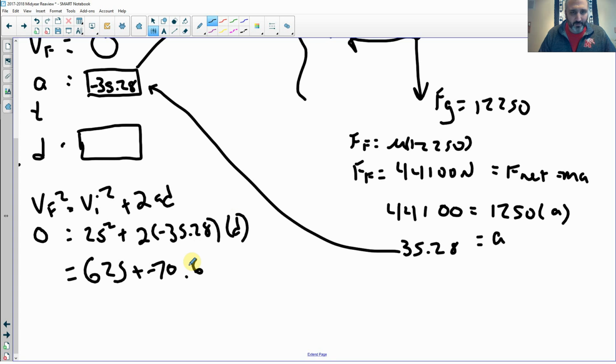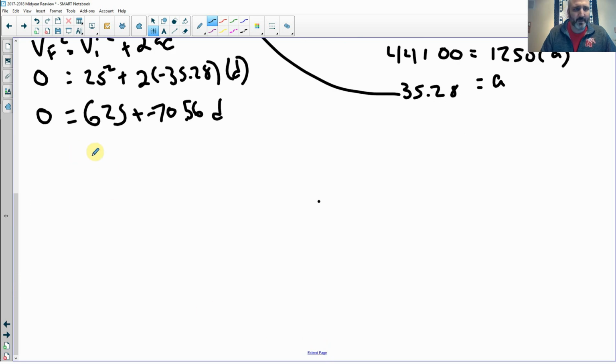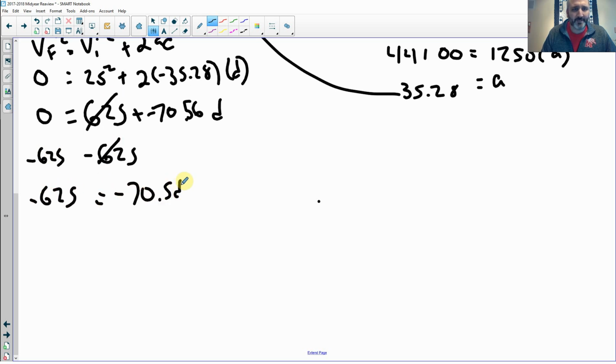Yeah, 70.56, not bad, times d equals 0. Let's subtract 625 from both sides. So negative 625 equals negative 70.56 times d.